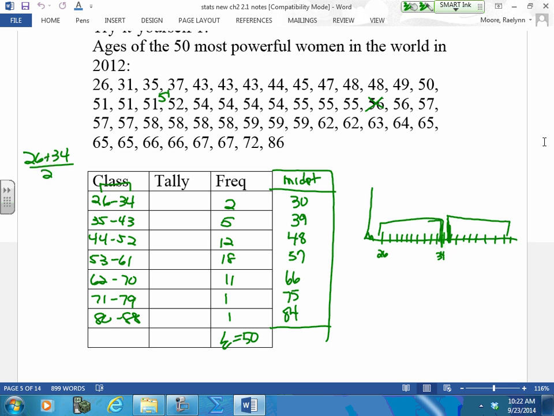But what happens is this is a discrete measurement. These measurements are all discrete. All these numbers, they're all whole numbers. There's no in-betweens. So when you use a midpoint, instead of doing this, here's your midpoint, 30. Here's your midpoint, 39. Now your bars can touch. See the difference? You have a gap right here because these are discrete values.